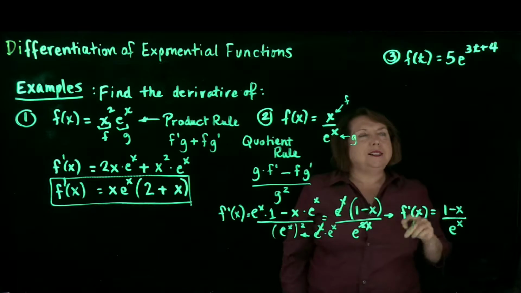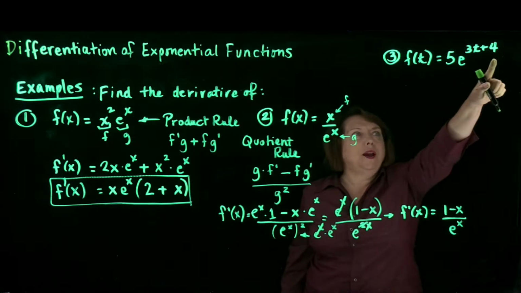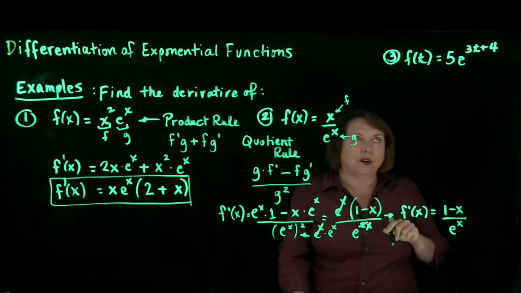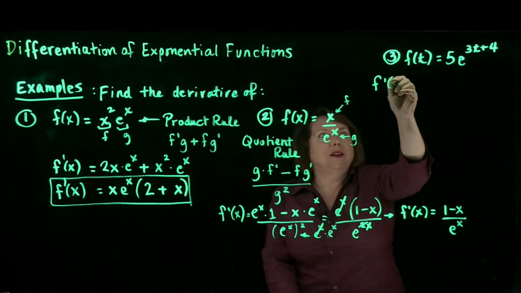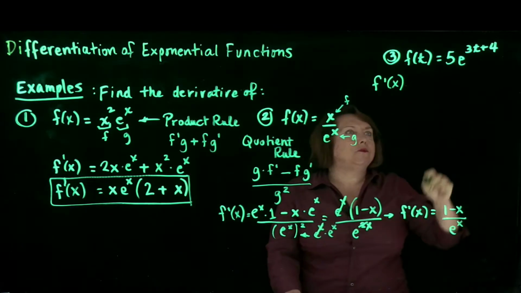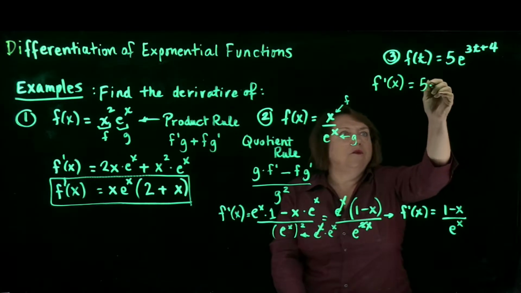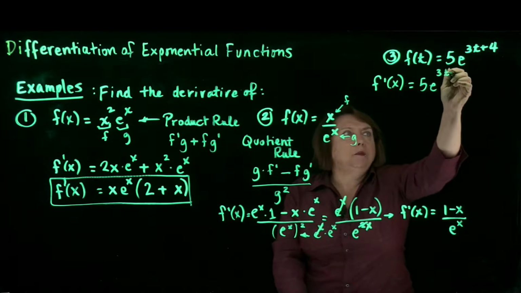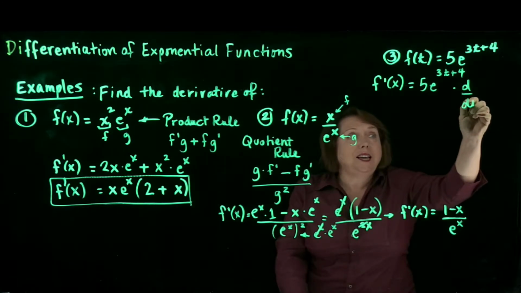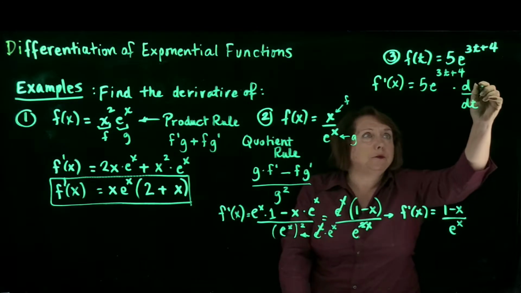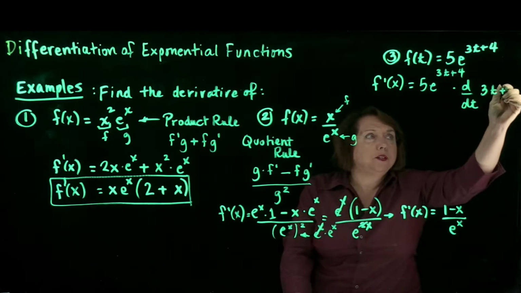So f of t is equal to 5e raised to the 3t plus 4 power. So to get the derivative, we'll write down the function, 5e to the 3t plus 4, and then times the derivative with respect to t this time, not x, of the exponent of 3t plus 4.